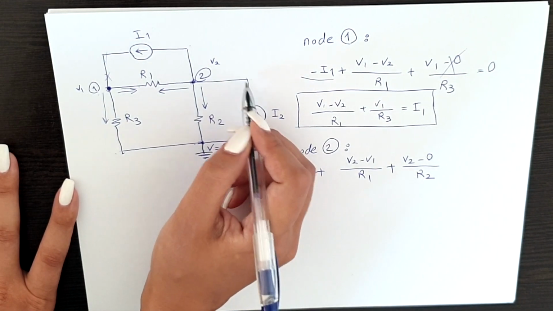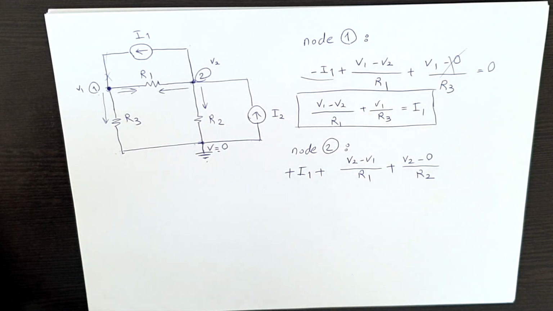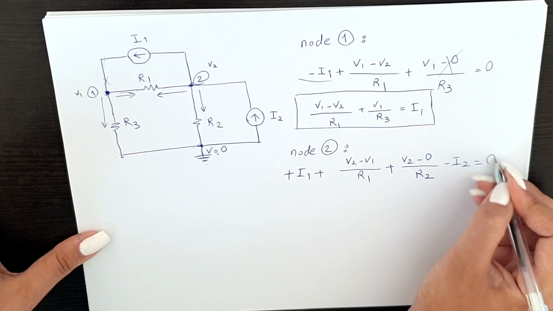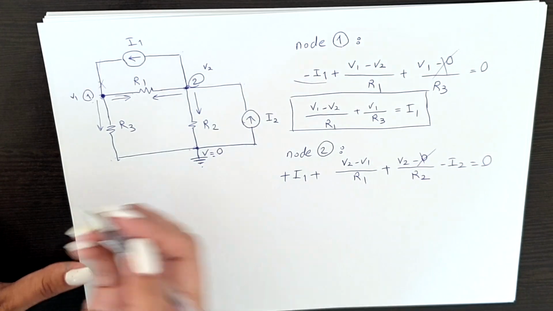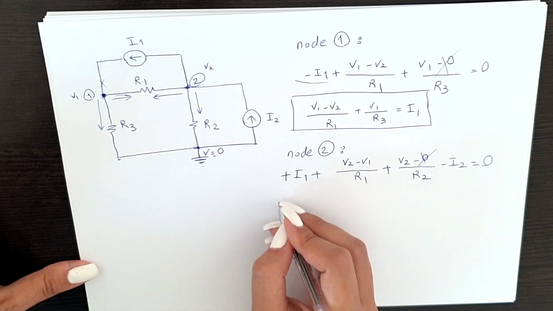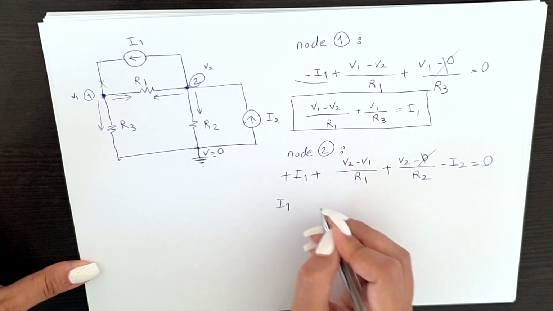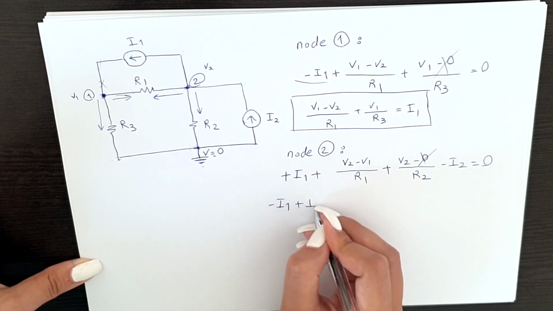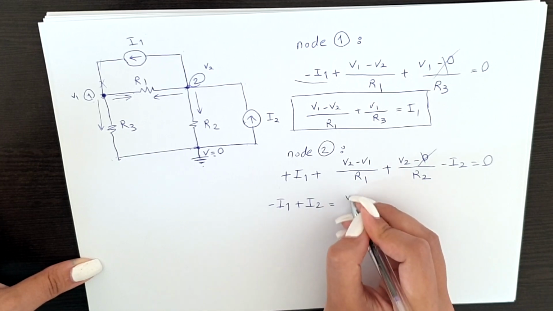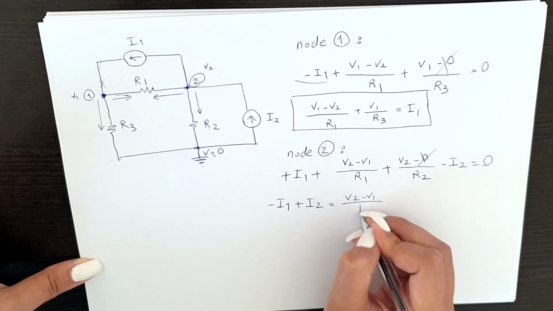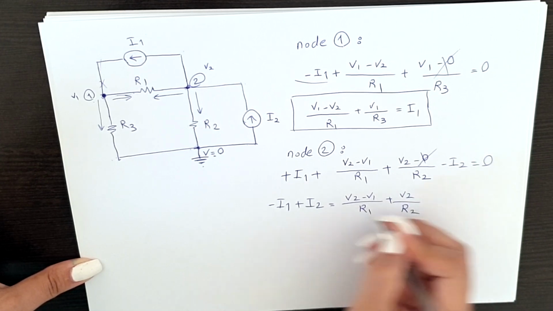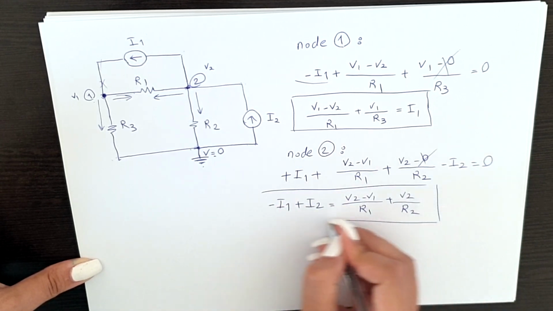And our current is going to the node, so it's already minus, so it's minus I2 equal to 0. We cancel this 0 and then we take the current to one side, so we get I1 minus I1 plus I2 is equal to V2 minus V1 over R1 plus V2 over R2. This is our second equation.